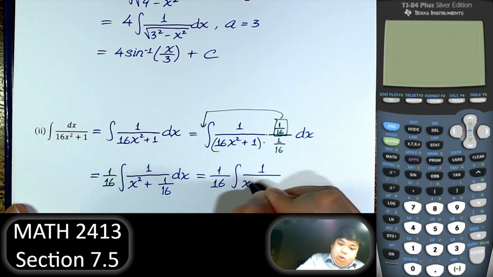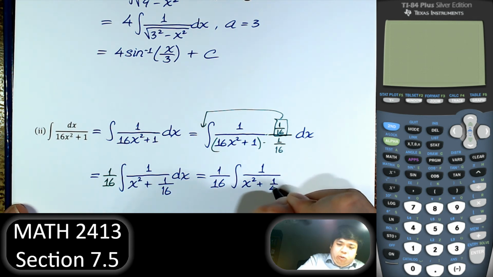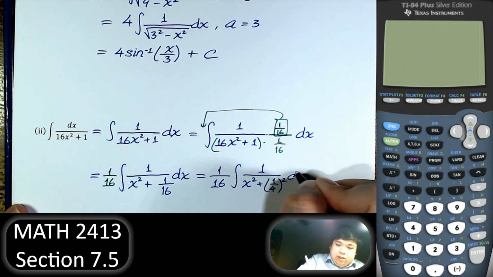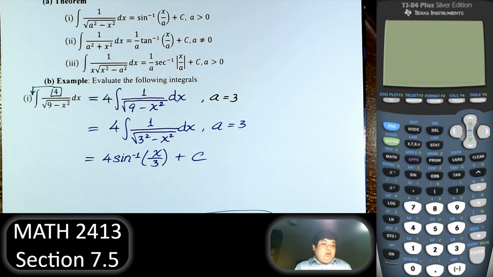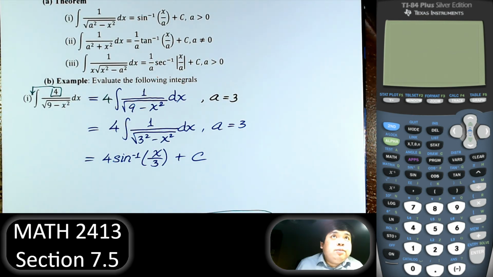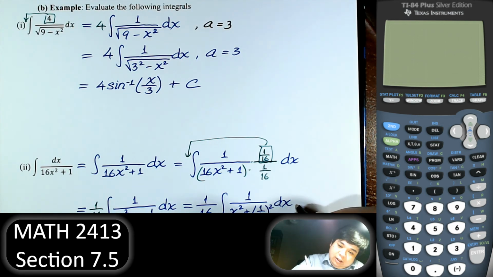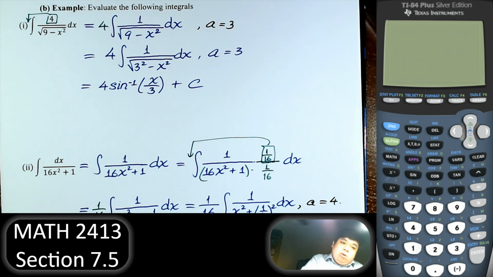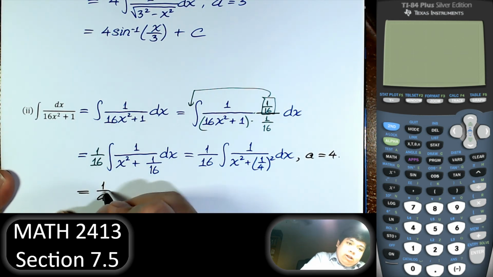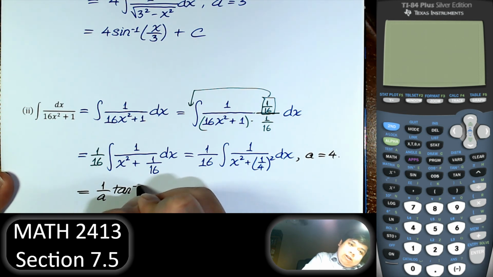I can write 1 over 16 as (1/4) squared. Right. Now we're going to use that formula where a is equal to 4, and the integral will be equal to 1 over a tangent inverse of x over a plus c.